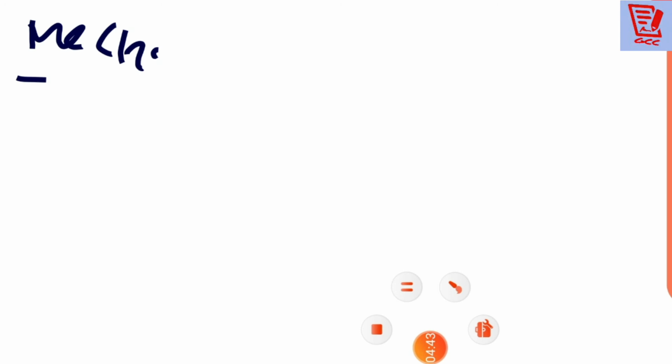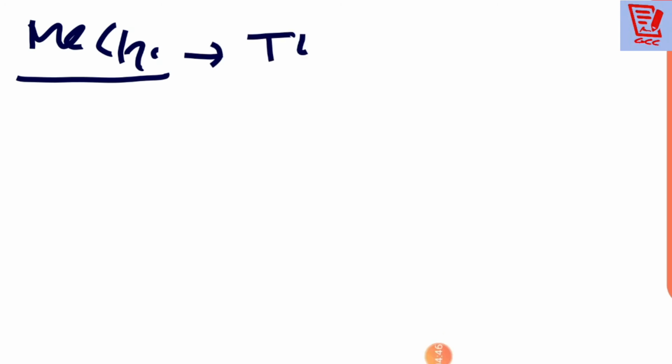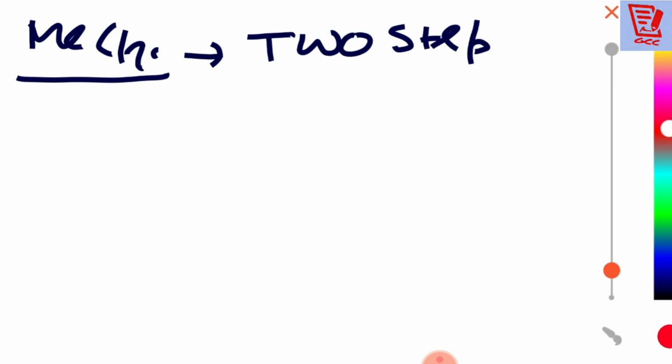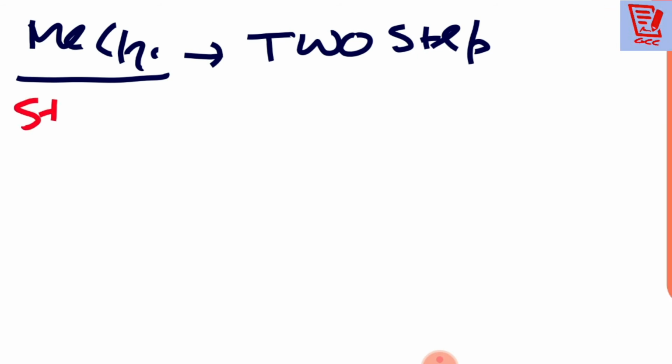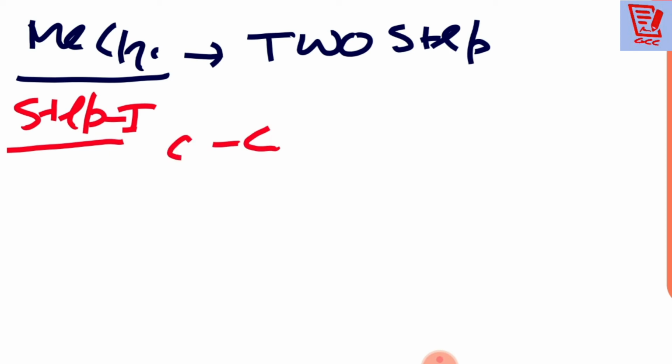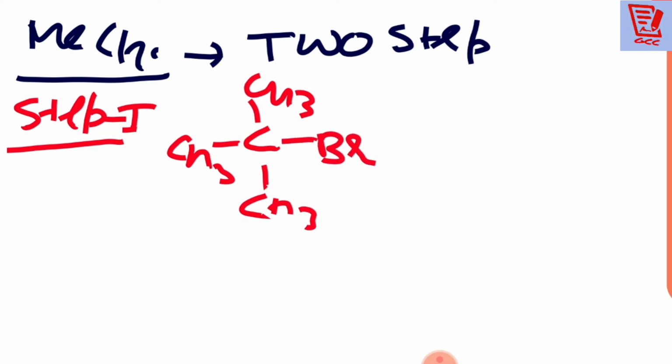Now I am going to do its mechanism, how it is forming. It is a two-step mechanism. Step number 1: (CH3)3C-Br.